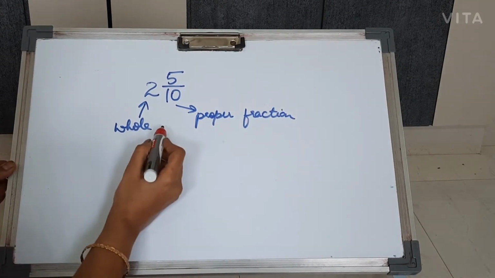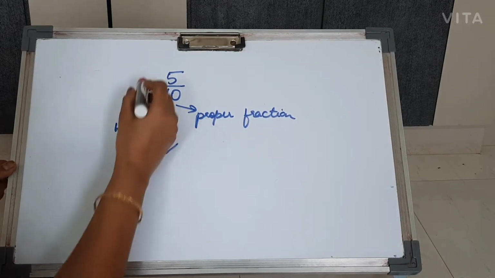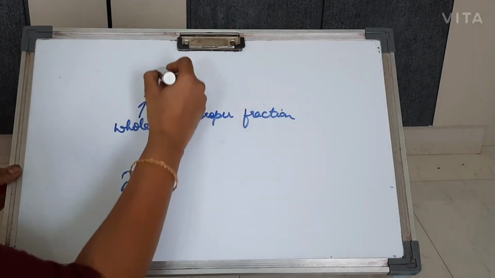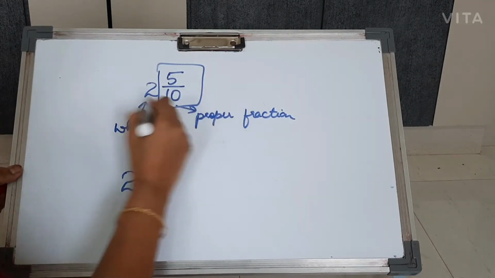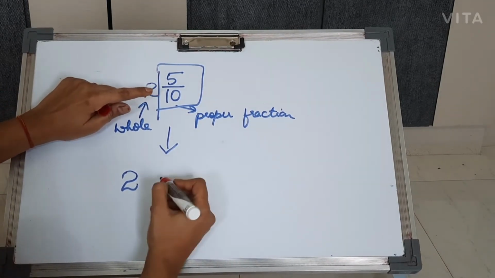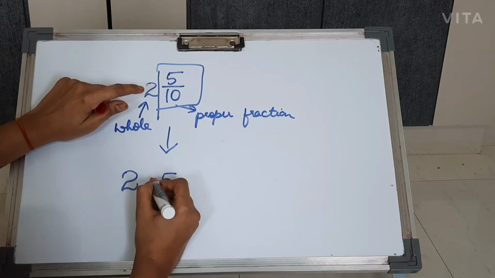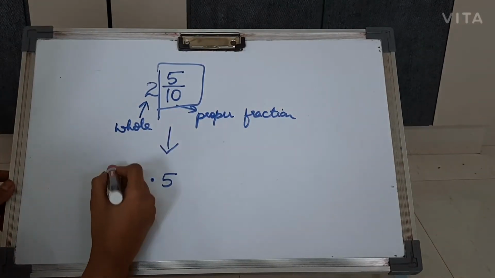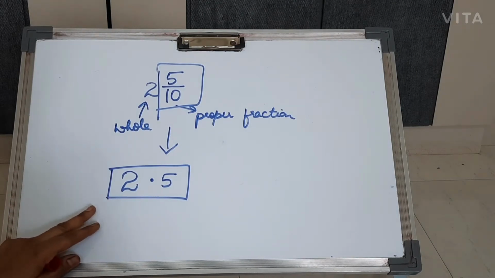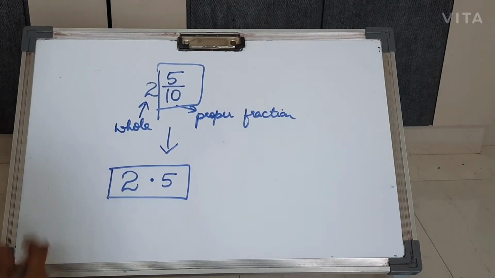So how are we going to convert it into a decimal? 2 is the whole, so we will write 2 here as it is. Now what is the fractional part? 5/10, which means 1 zero, so before one number we will write the decimal. So the answer here is 2.5. This is the other concept where we can directly solve the questions.